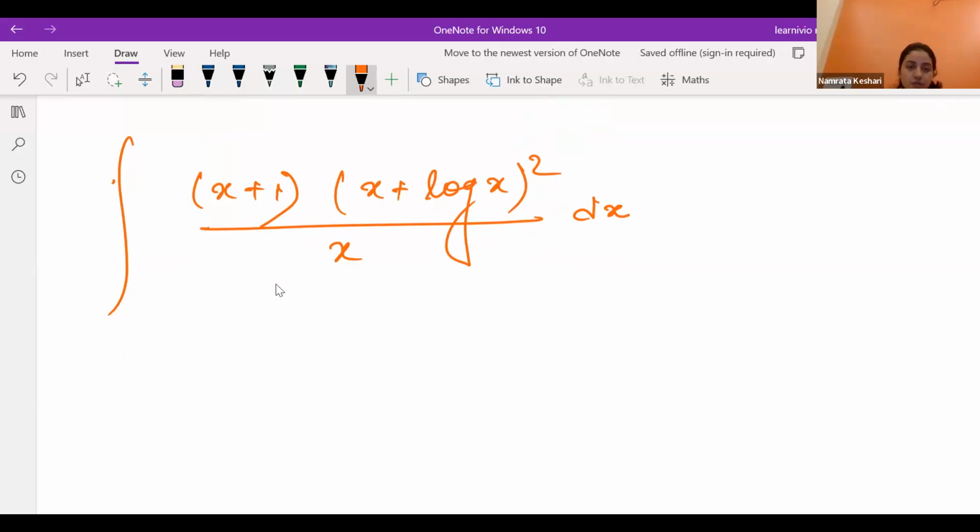What to take as a substitution? Any idea? Think about it.